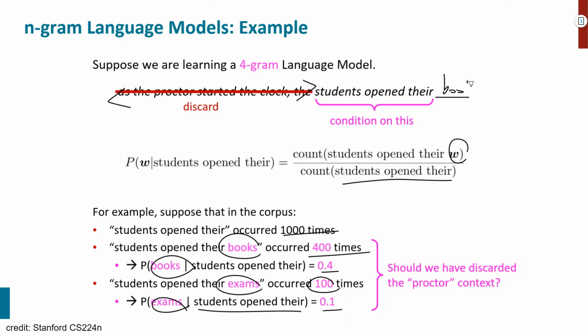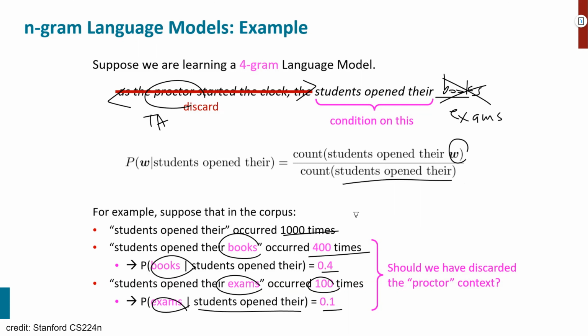Then we can expect that the next word that will come here is books. However, when we closely look at the discarded context, it is: as the proctor started the clock, the students opened their. In this case, proctor or TA. And when you look at this, you might say, oh, books might not be the correct word. However, exams is the correct word.